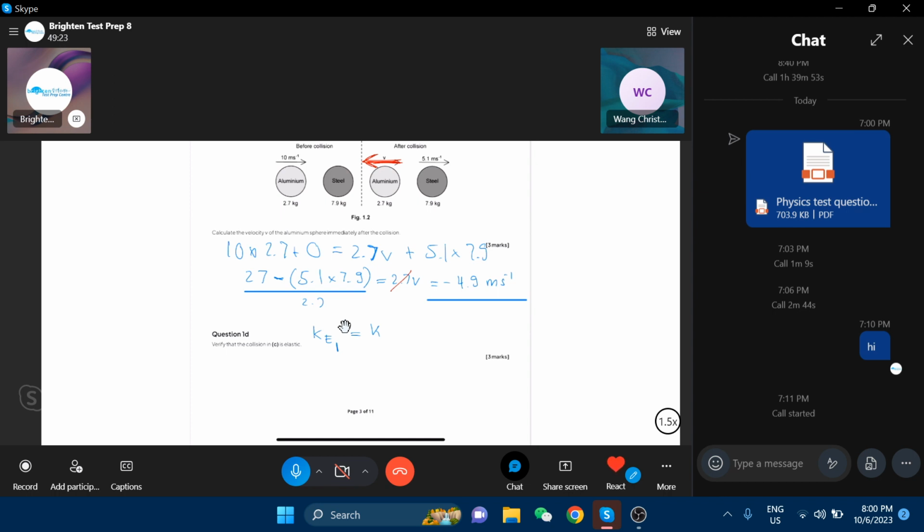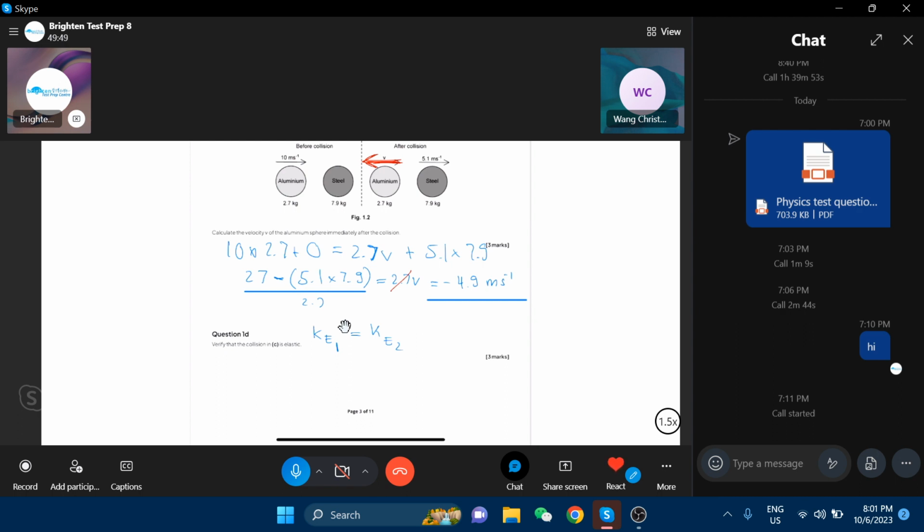But it says verify that it is elastic. So when it says verify, is it elastic? That usually means we say it's elastic, prove it. That would be another way to say it. Otherwise, it would not say verify; it would say check. If it says check if it's elastic, then you cannot be sure. That word implies that it may be elastic, it may be inelastic.